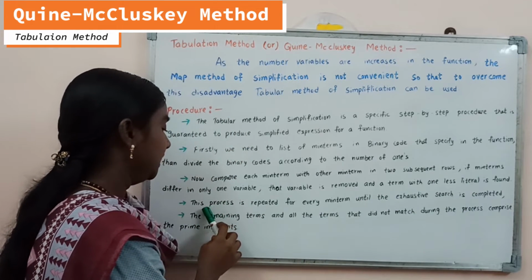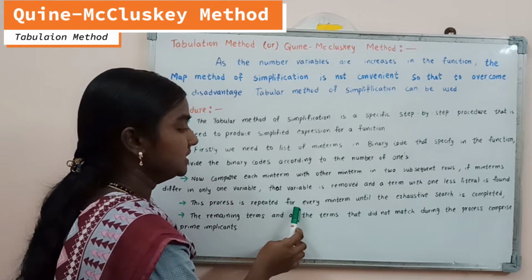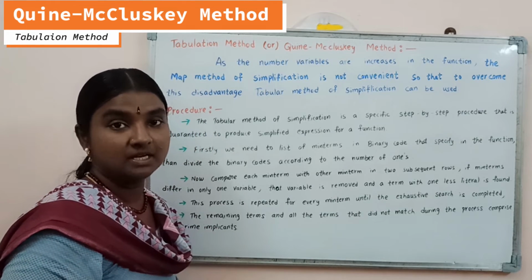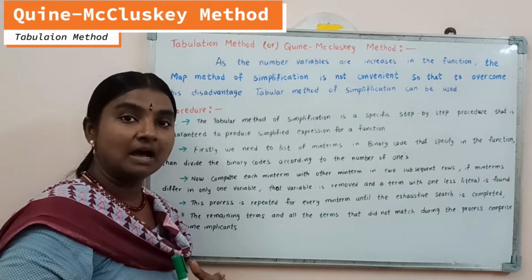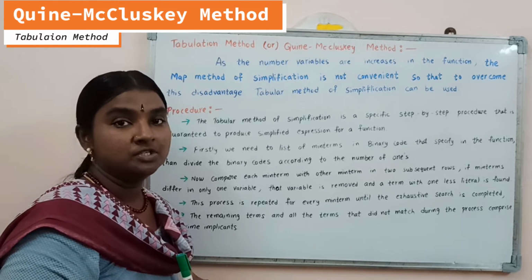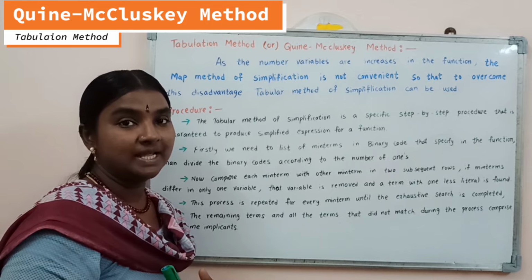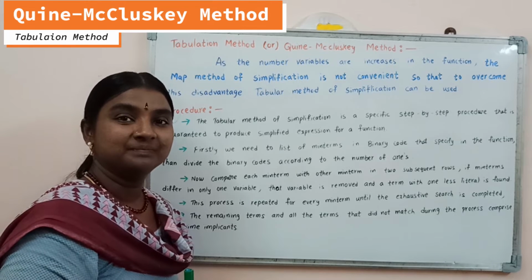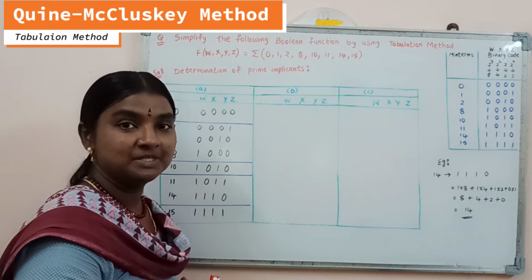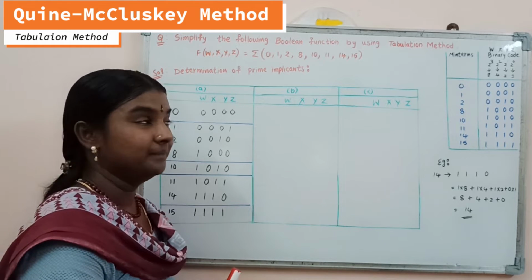Then we repeat this process for every minterm until the exhaustive search is completed. Finally, after the search, whatever minterms cannot be compared, we list out as prime implicants. Now we will discuss the tabulation method procedure steps by considering an example.